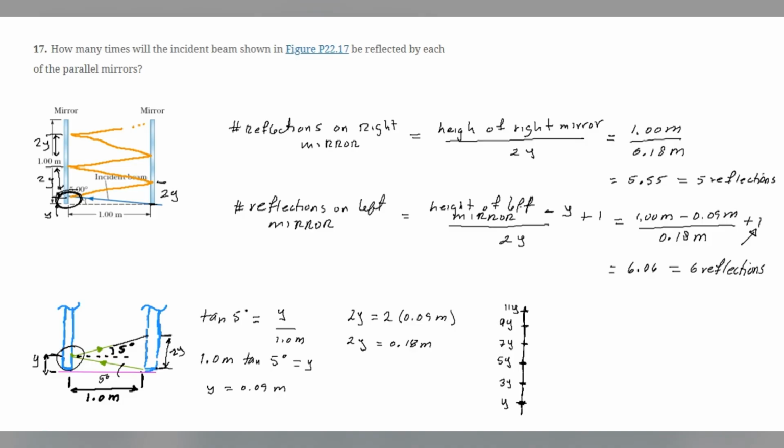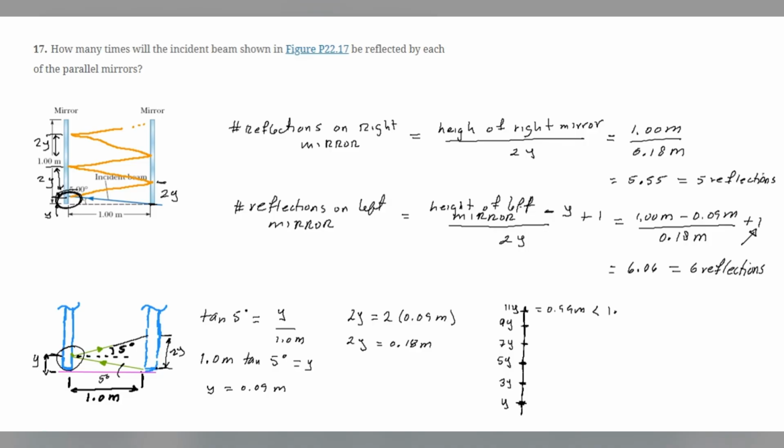So if we multiply 0.09 times 11, that would be 0.99 meters, which is less than the 1 meter of the mirror.